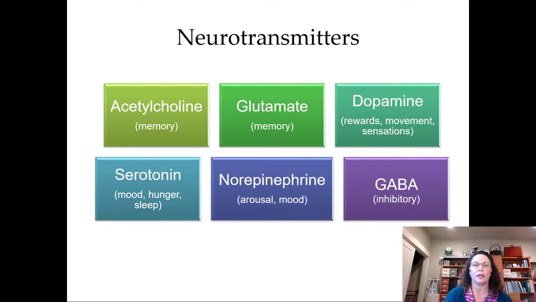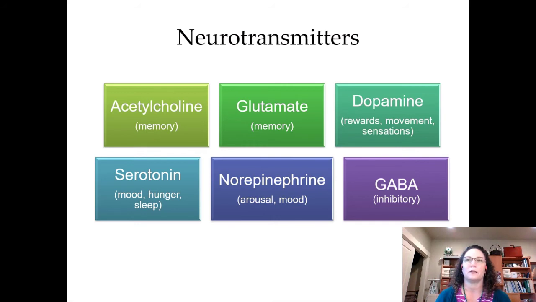So we have 2 here that are related to memory, acetylcholine and glutamate. Both of those neurotransmitters are secreted as you're learning new information, storing new information, things like that. Dopamine is a neurotransmitter that does a lot of different things. There are different pathways for neurotransmitters in your brain.